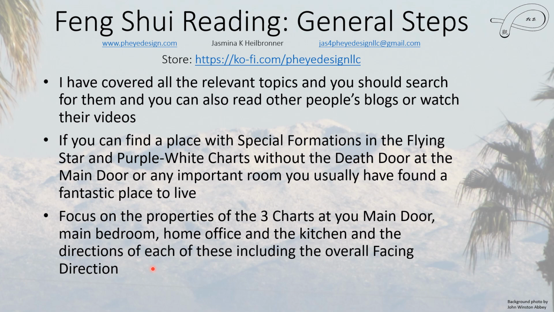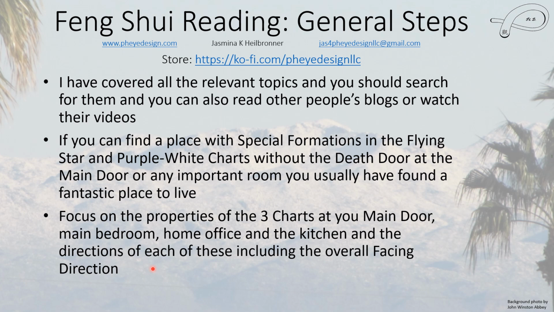So you would worry about the direction of your main door. Also, the direction your headboard is, from standing at the foot towards the headboard. The direction of your desk, whatever functions as a desk in your home office. And in the kitchen, it's the direction of your range.